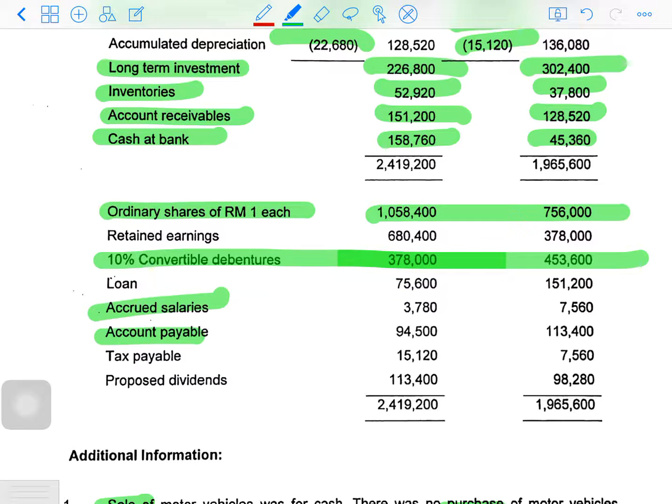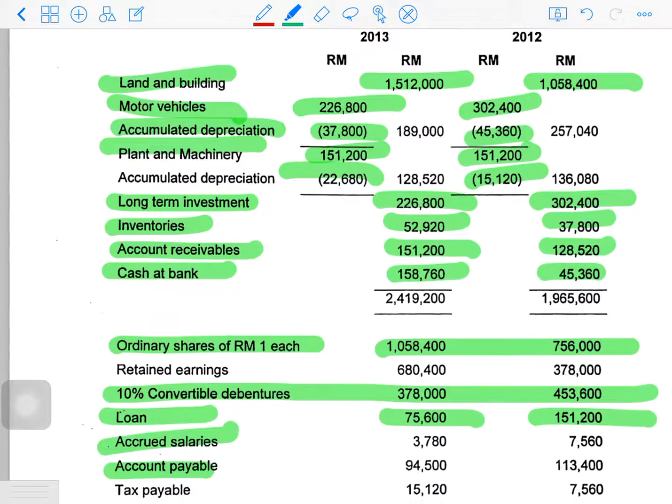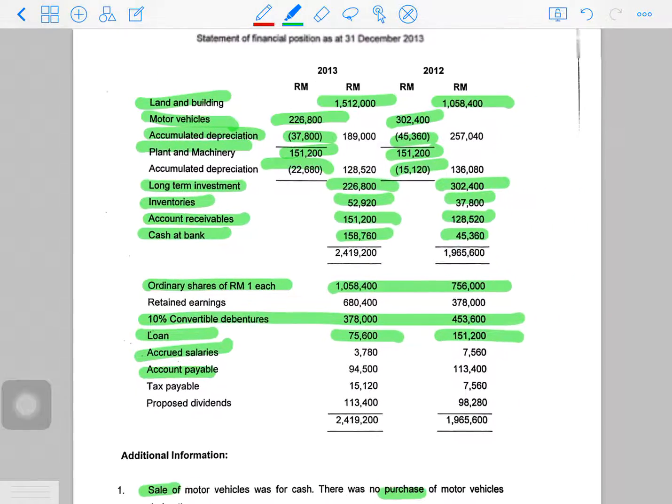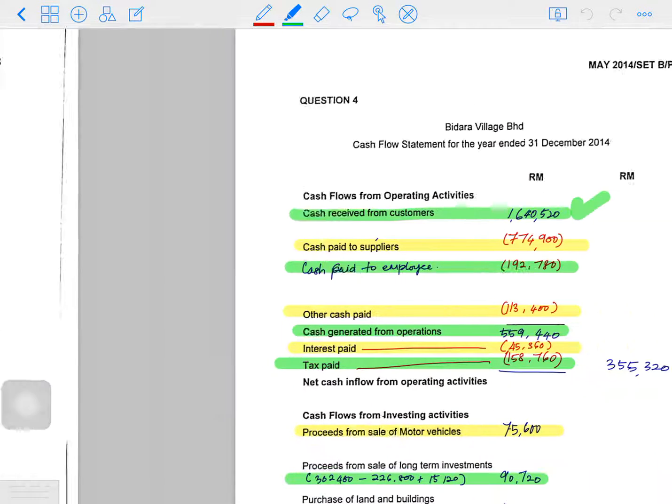Okay, retained earnings ni actually the amount which is from Soci lah. Soci, the difference tu from Soci. First kita tengok loan pula, loan kat sini ada difference, kan? There's a difference dalam loan ni. Loan ni dia menurun, kan? Menurun. The difference is how much? You have to calculate lah the difference tu, kan?